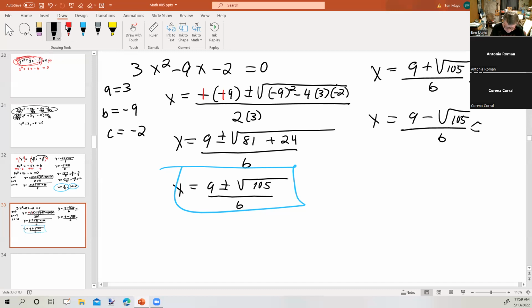Going to the calculator, I still need to put parentheses around the entire numerator as well as the radicand when I put it in the calculator.